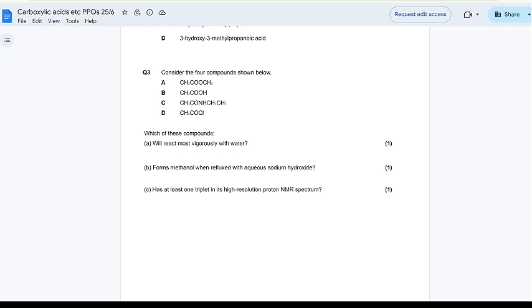Methanol, specifically, should be B. Can't imagine methanol forming from A. Oh, wait, A might make sense because it forms the salt and then it just forms CH3OH. Hmm, that's actually the answer. It's A there. Wow.